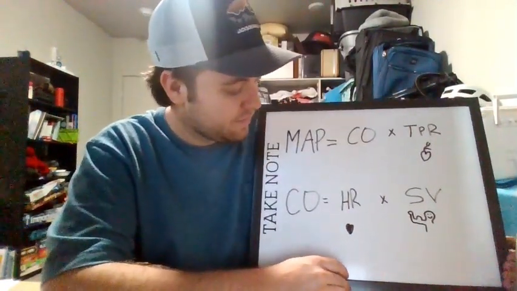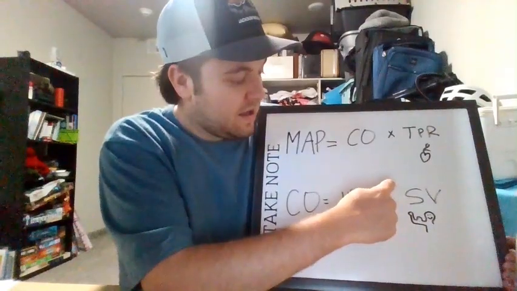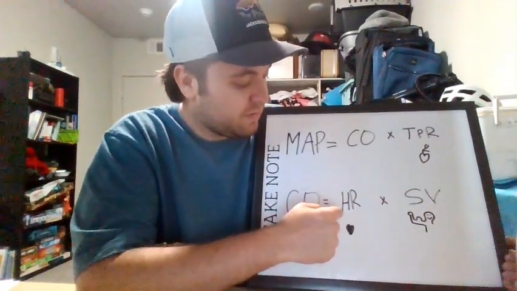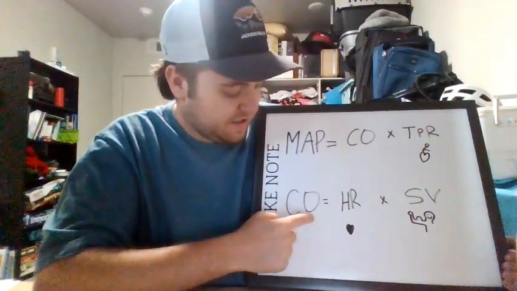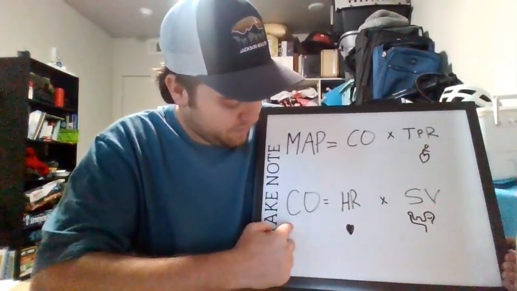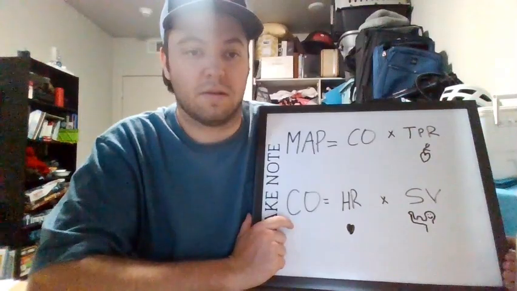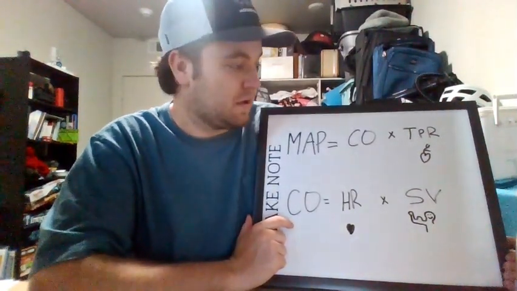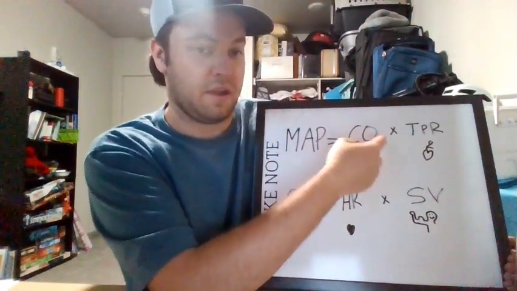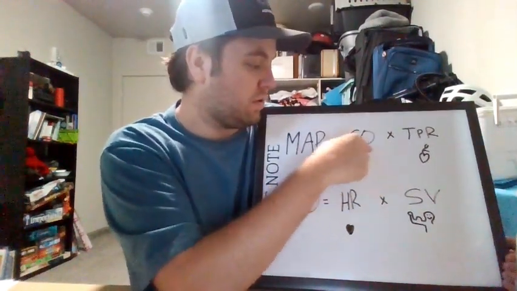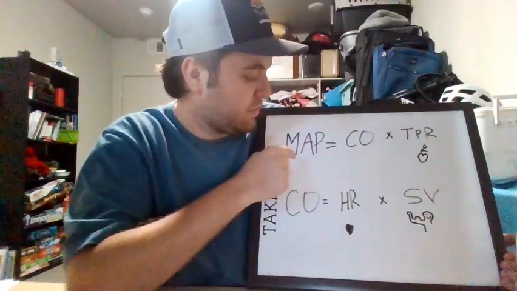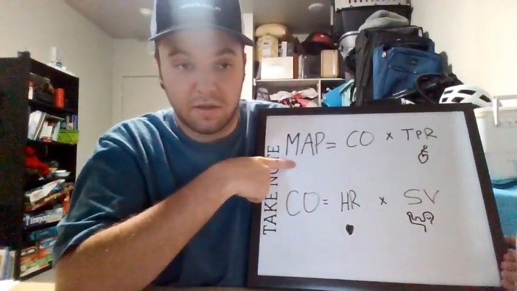So, for example, if we have a decrease in stroke volume and an increase in heart rate, we will have the same cardiac output. But then if we have an increase in total peripheral resistance and a normal cardiac output, then we're going to have a higher MAP.